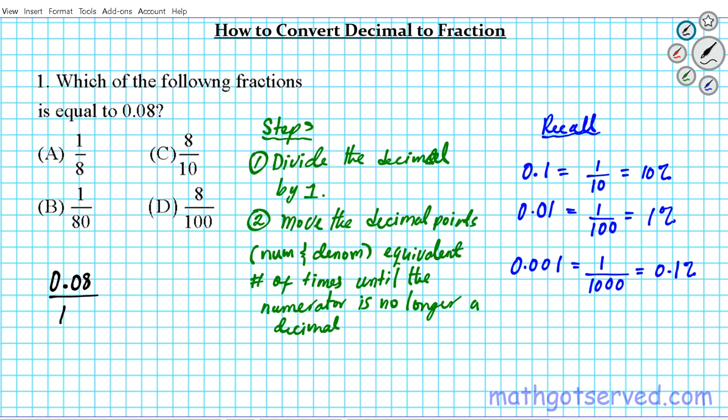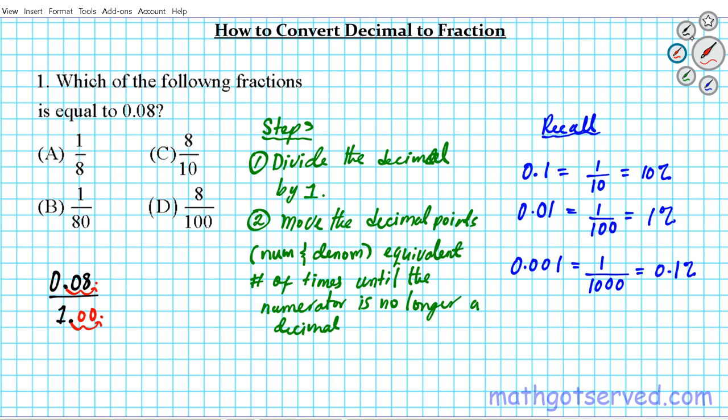Now the goal is to move the decimal point until the numerator is no longer a decimal. 1 is the same thing as 1.0. So in the numerator, we'll have to move it how many places to the right? 1, 2. In order to preserve equality, we move the decimal point in the denominator an equivalent number of times, 1, 2. So in those spaces, we insert 0 and 0.